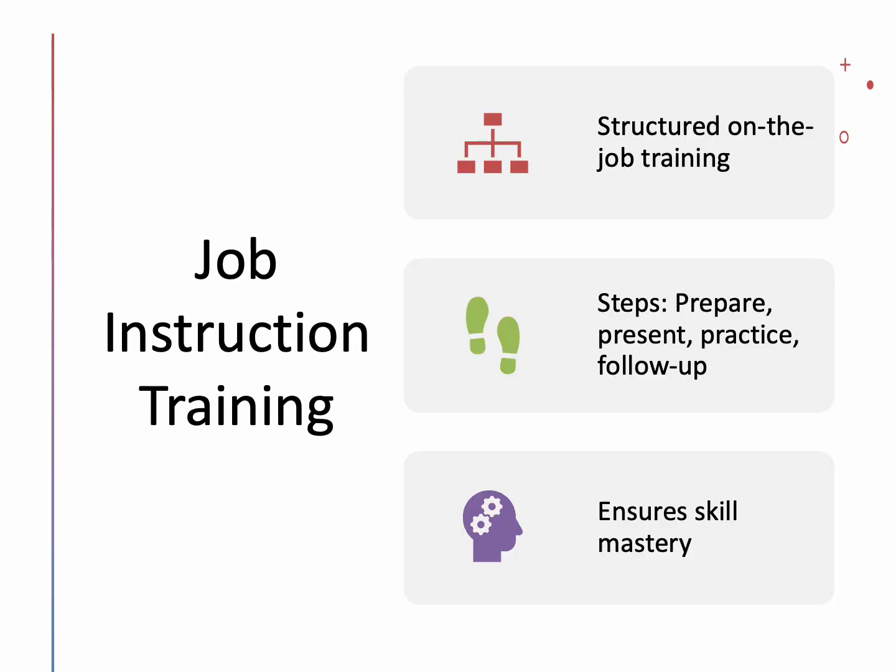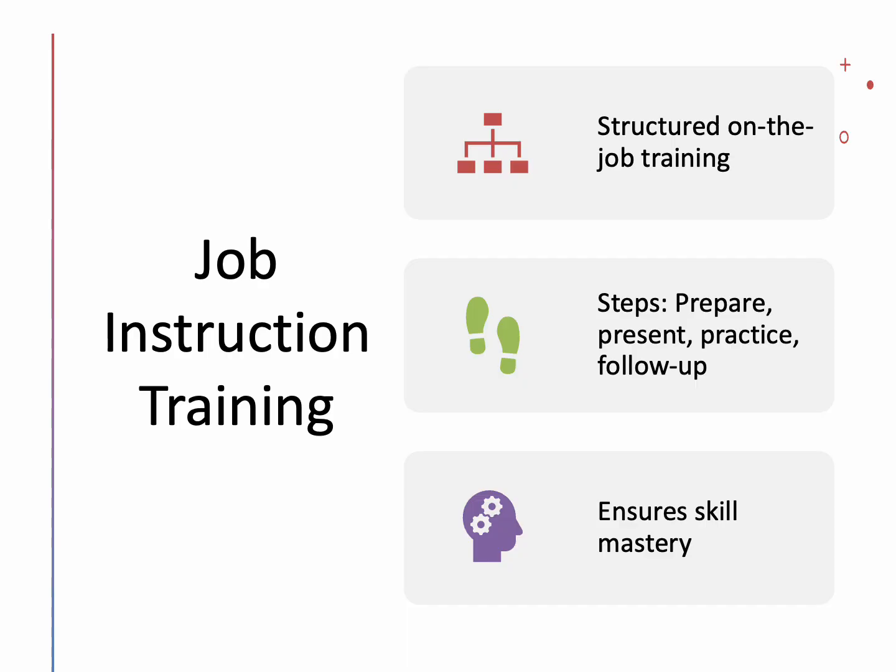Job instruction training is a structured on-the-job method involving 4 steps: prepare, introduce the task; present, demonstrate it; practice, trainee tries it; and follow up, provide feedback. For example, a mechanic might learn equipment repair through guided practice. While typically on the job, its principles can inform off-the-job training.